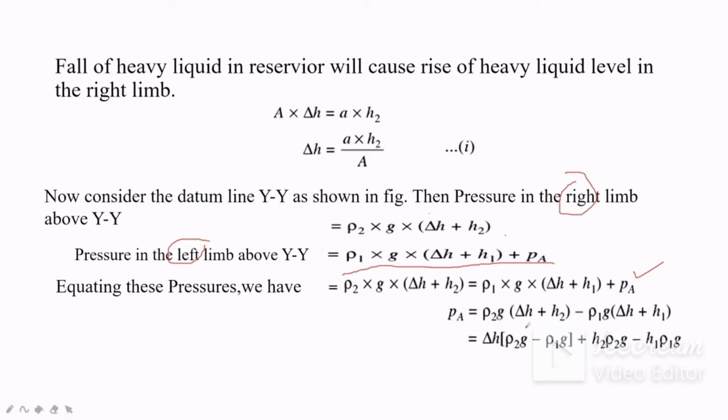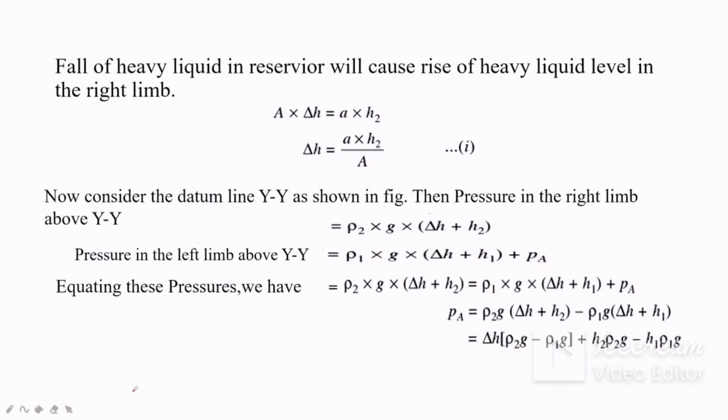So rho 2 g delta H plus H2 minus rho 1 g delta H plus H1. So delta H will become common after simplifying, simple mathematics. So delta H is equal to rho 2 g minus rho 1 g plus H2 rho 2 g minus H1 rho 1 g. Okay, so this is the formula for the vertical single column manometer.